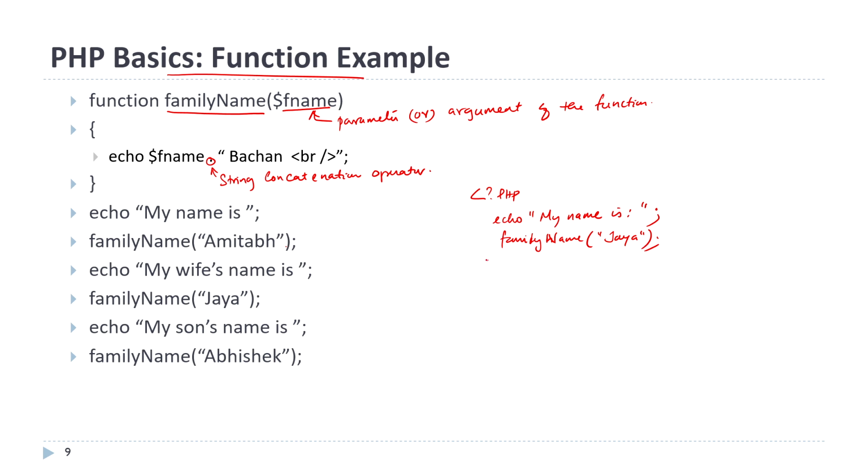The output in the browser will show that my name is Jaya Bachchan, whatever. So, you got the point. In this case the function does not return anything, the function just prints it.